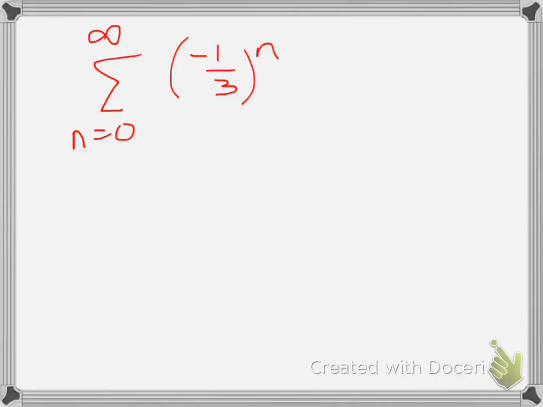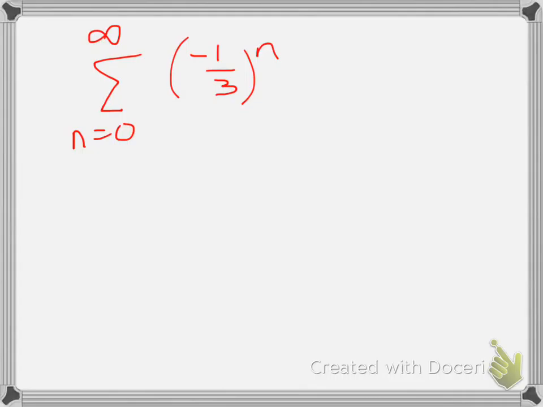So let's say we have this one. This is geometric, right? Because the r is -1/3. We know what this one does. What does it do? It converges. So technically, we can use just the fact that it's a geometric series.